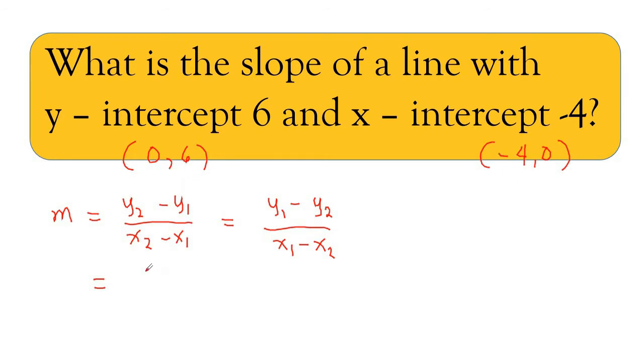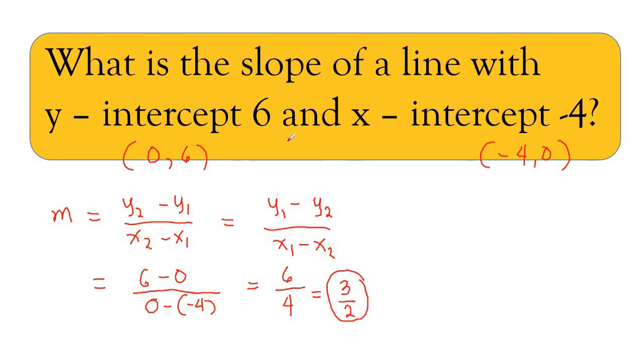So 6 minus 0 over 0 minus -4. 6 minus 0, that's 6, over 0 minus -4, that's 4. Reducing this to lowest term, so we have 3/2. So the slope of a line given the y-intercept 6 and x-intercept -4 is 3/2.